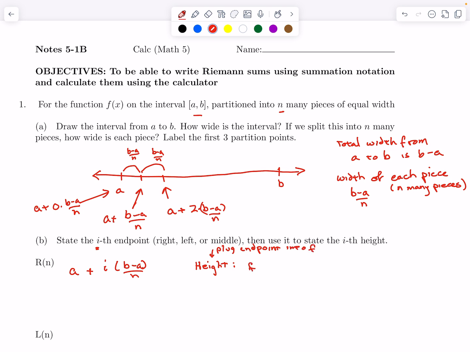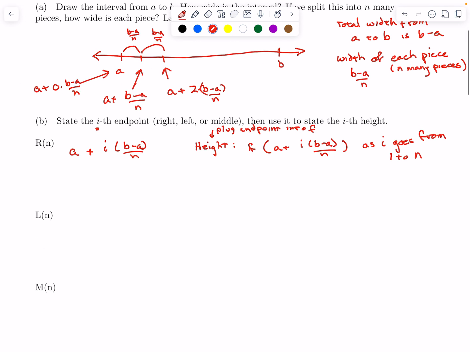So it'll be f of A plus I many B minus A over n's. Okay, and as I goes from 1 to n. So when we do the sigma notation, the bounds will be I going from 1 to n. If you do the left-hand endpoint, you need to start with the 0th B minus A. You need to start at A, so we have to adjust I.